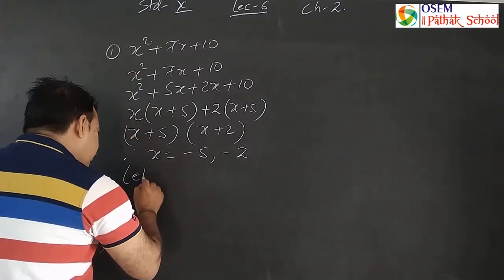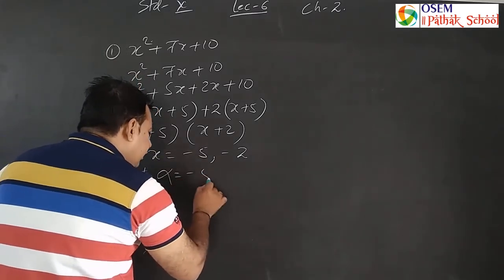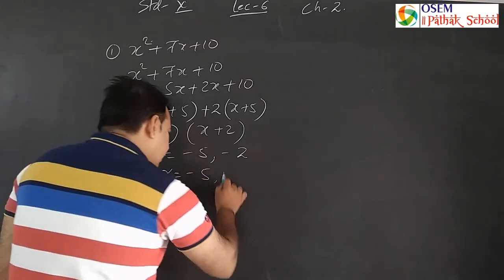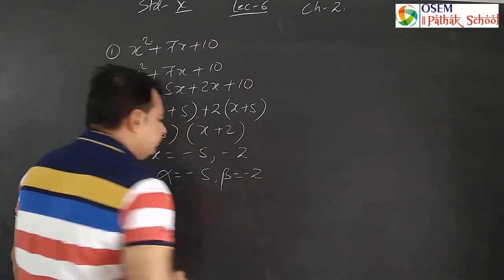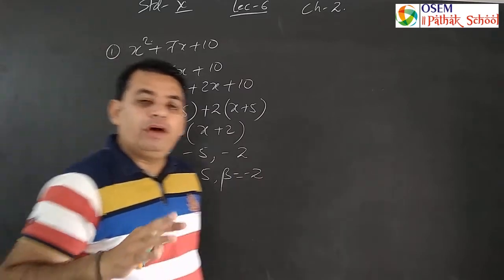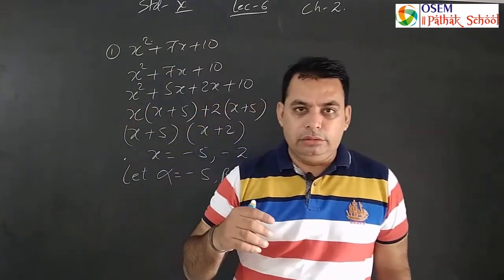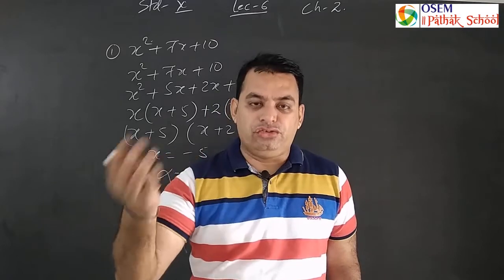Now just consider alpha to be minus 5 and beta to be minus 2, because we also have to find the relationship. The question says verify the relationship.